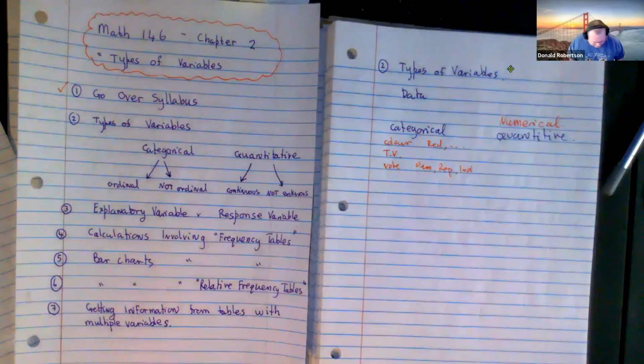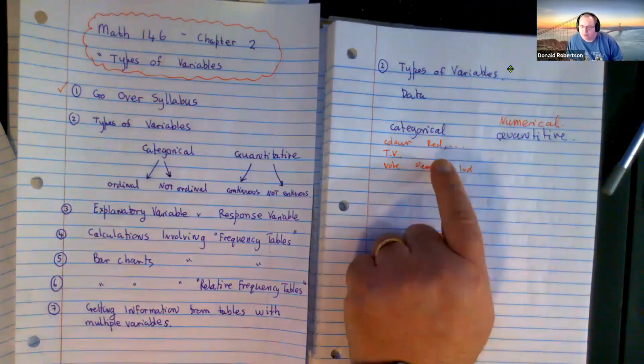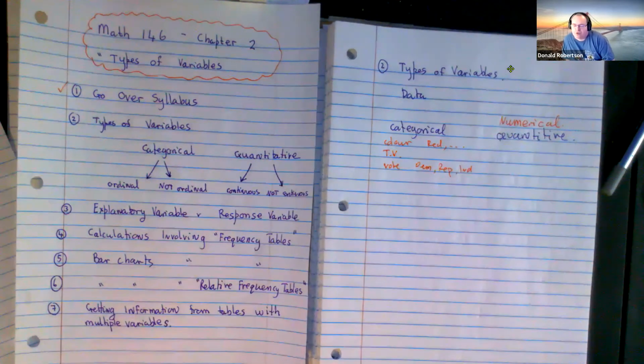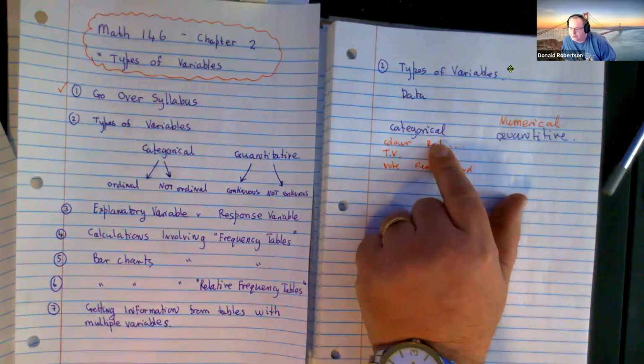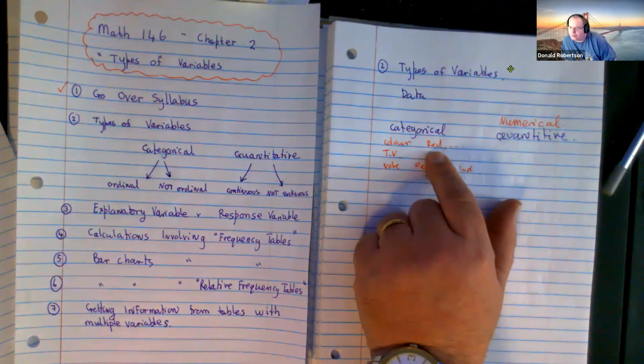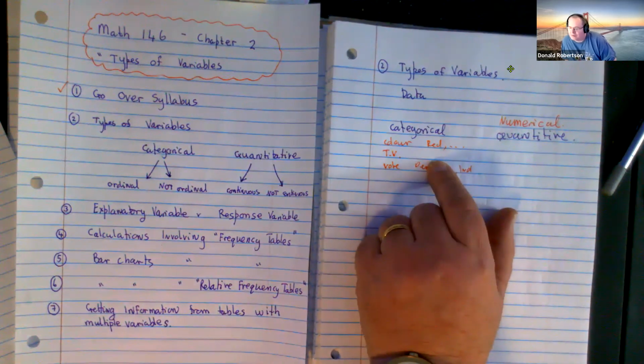In these cases, would you agree that the answers you get are not numbers themselves, but you combine them to get numbers? So you ask people colors, and don't you get 14 people said red was their favorite color, 12 said blue, 43 said green, whatever it is.